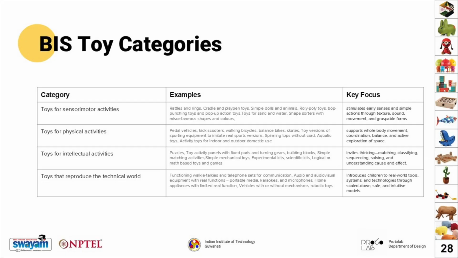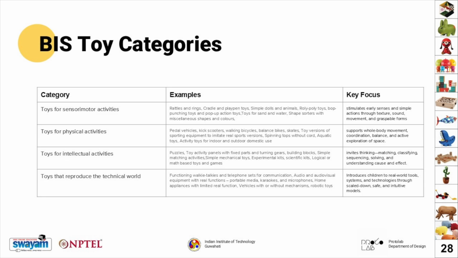Toys for sensory motor activities. These are toys designed for the very first stage of exploration. Rattles, rings, roly-poly toys, pop-up action toys, sand and water toys, and simple shape sorters fall into this group.